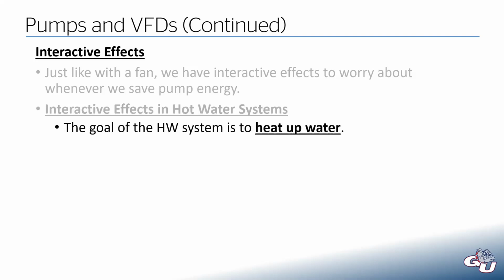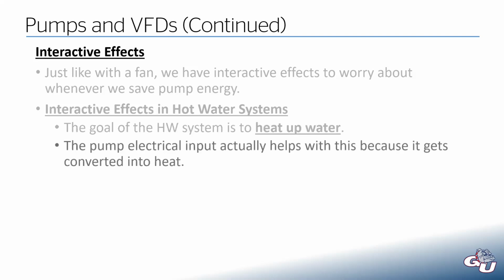In a hot water system, the goal is to heat up the water. And if we are putting in electrical input, that actually helps because ultimately that input energy gets converted to heat. And hey, we're trying to keep the water hot anyway. So it's not a complete loss there.